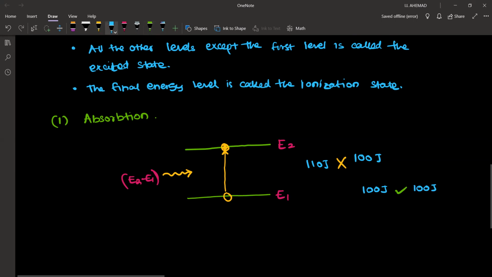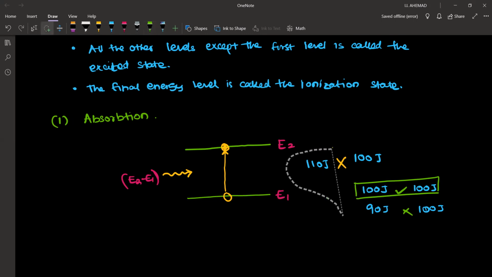If it is less than, obviously it is not going to get excited. So this condition is very important: the energy we provide has to match the energy difference between these two levels. Only then is this electron going to get excited. Even if it is greater or lesser, there is no excitation. Okay, is that idea clear?